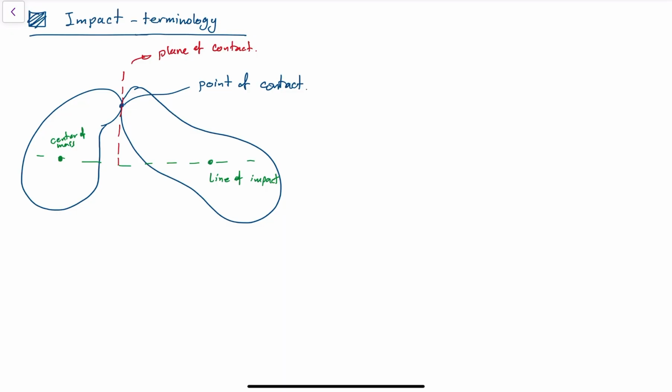Yeah, that's good. So with these definitions, we can rigorously define the conditions of two bodies colliding with each other.